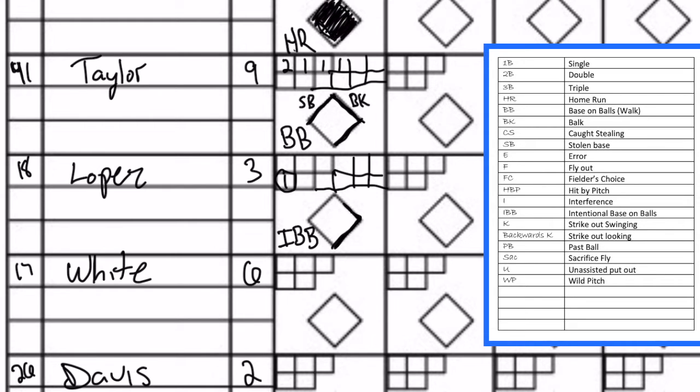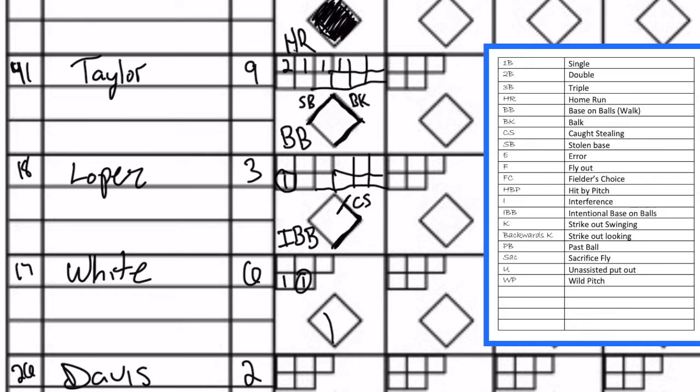Lopez then tries to steal second base, but he doesn't make it. He gets thrown out. He gets a caught stealing, CS. White is now up, and he sees 2 fastballs and swings at the last one.